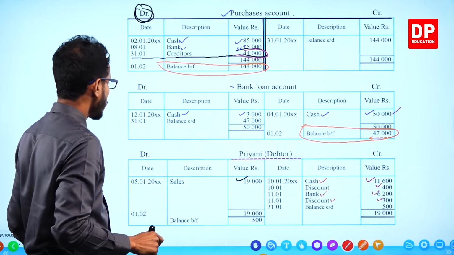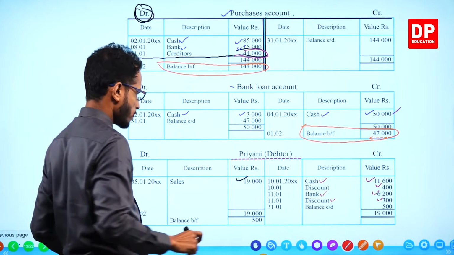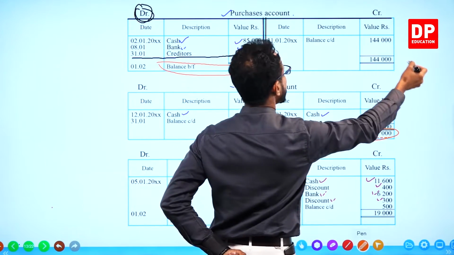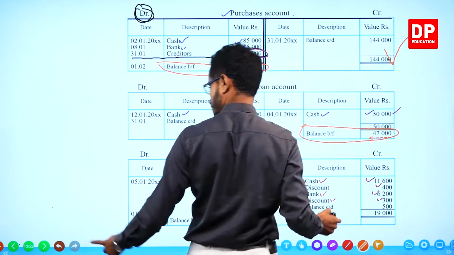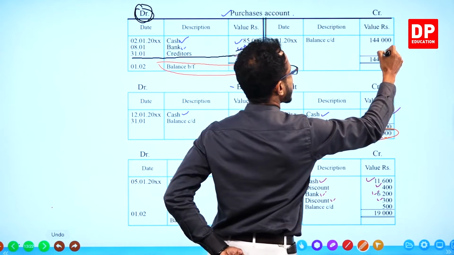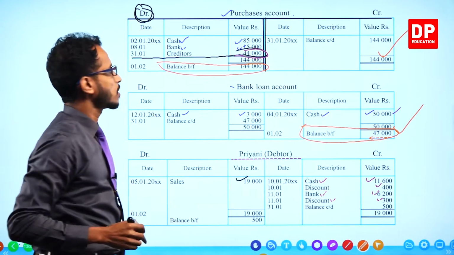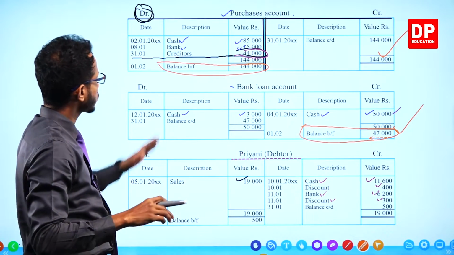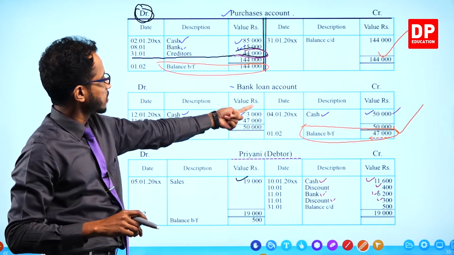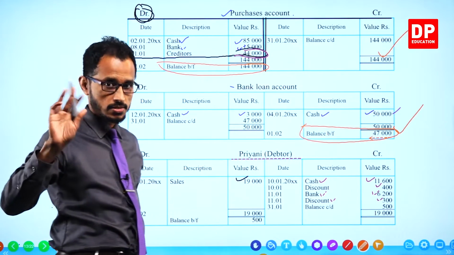We are done with the bank loan also. So a big tick to purchases and a big tick to bank loan. Both accounts are balanced and the balance is taken to the trial balance.